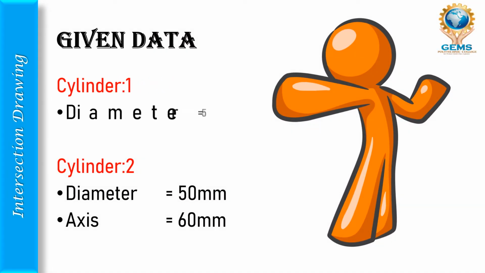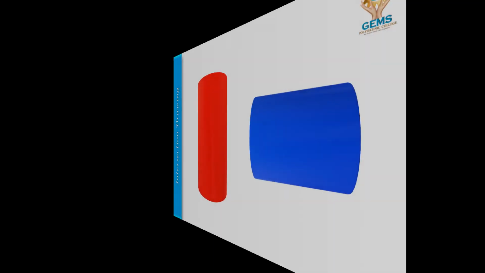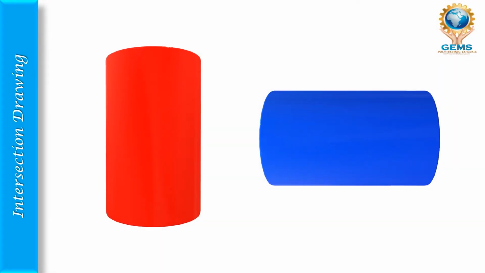The given data: there are two cylinders of the same dimensions. Cylinder 1 has diameter 50 mm and axis 60 mm, and cylinder 2 has diameter 50 mm and axis 60 mm. The red cylinder is here.